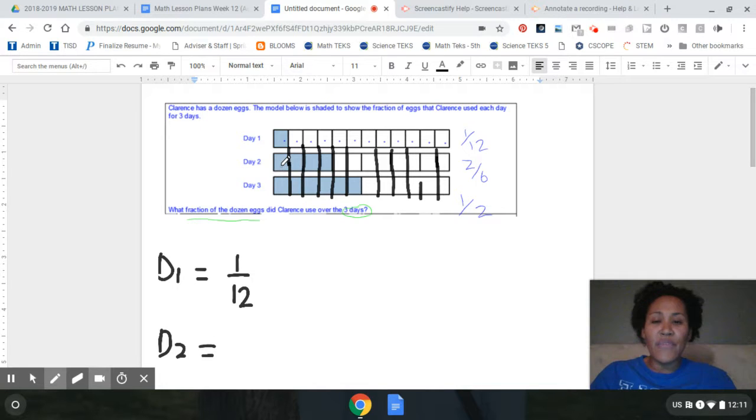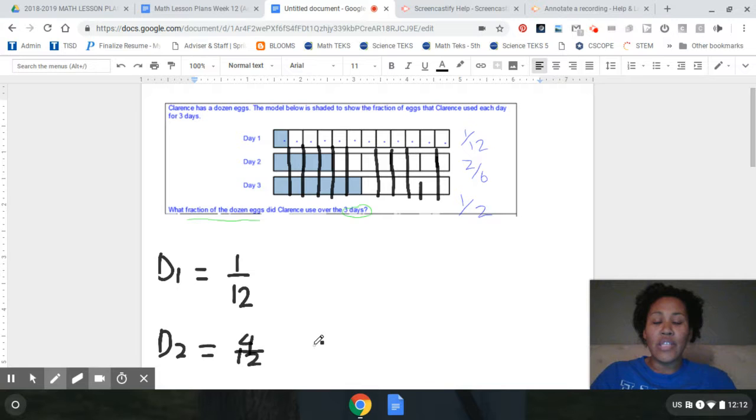Day 2, let's see if we have 12 pieces. 1, 2, 3, 4, 5, 6, 7, 8, 9, 10, 11, 12. We broke it up into 12s as well. So how many is shaded? Take a look at that. We have 1, 2, 3, 4. So 4 out of the 12 is shaded.